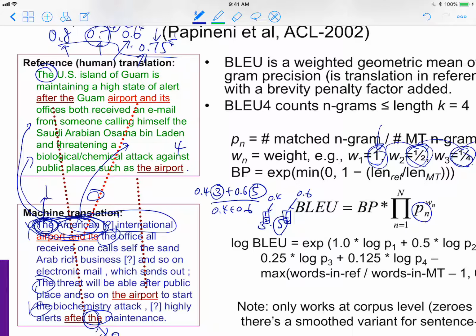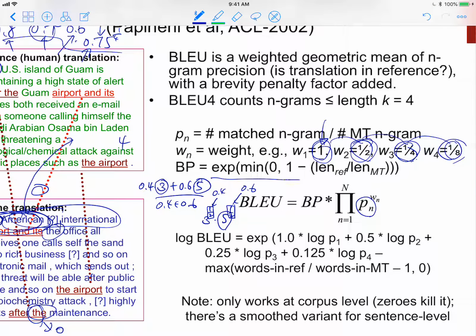Okay, and then this thing, the brevity penalty, is associated with the penalization imposed on an excessively short sequence.